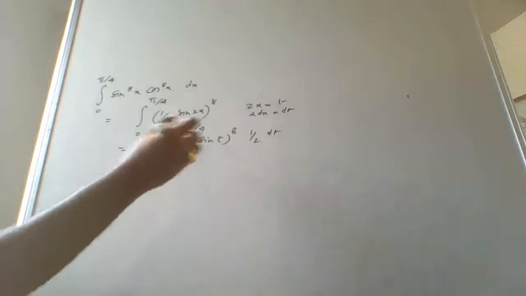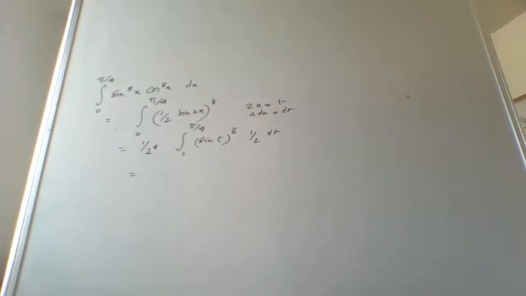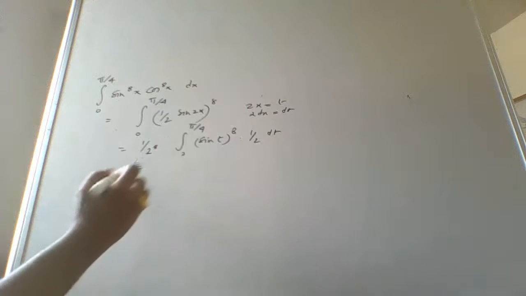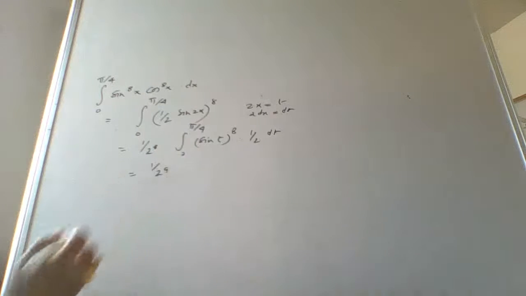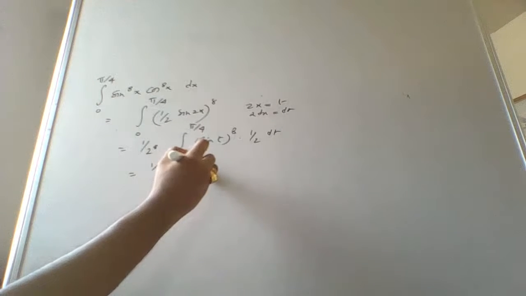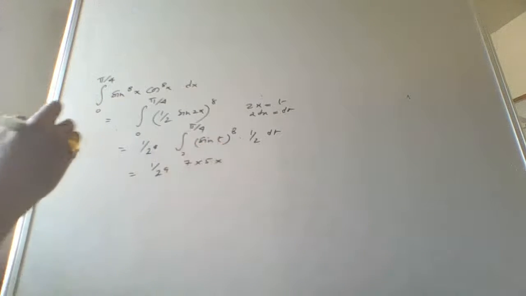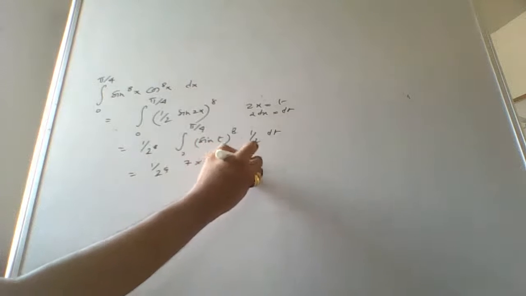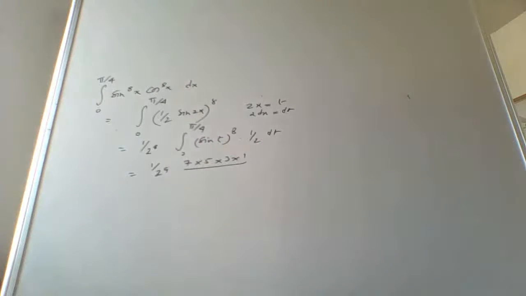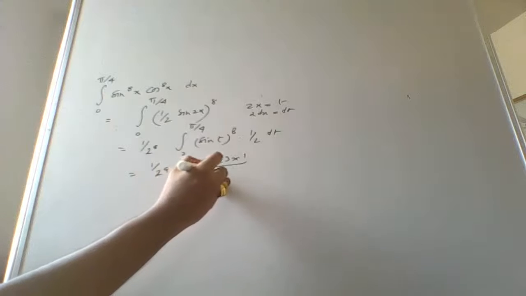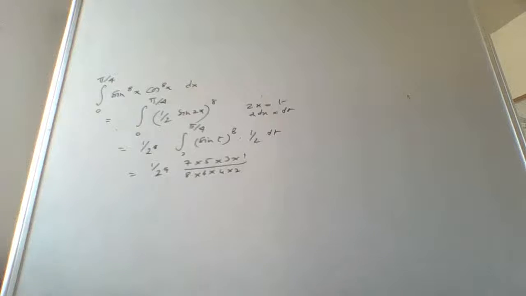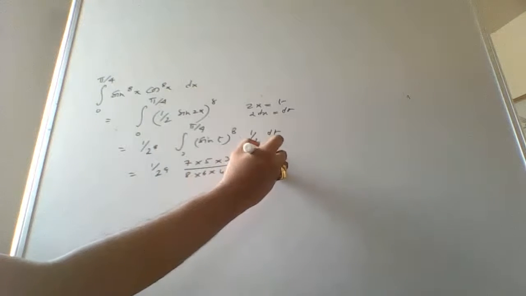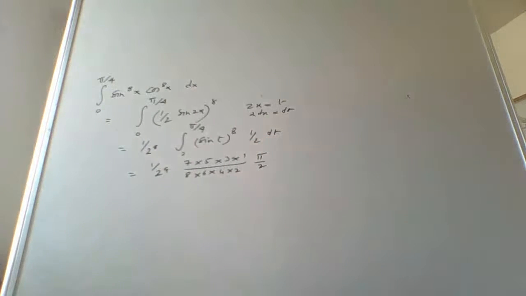Again, n being even here, we have 1 by 2 to the power of 9, and n being even, we have 7, 5, 3, 1 in the numerator and in the denominator you have 8, 6, 4, 2, and the last term, which is I naught, the value pi by 2.